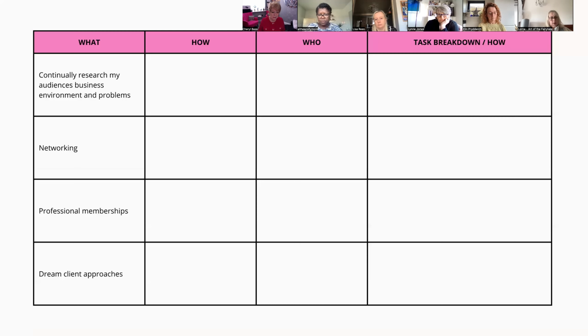For example, if anyone goes through the Aspire program, they become a professional member of the Institute of Leadership. But I know not one person in the last course I ran actually went into the Institute of Leadership's online network, which is global.